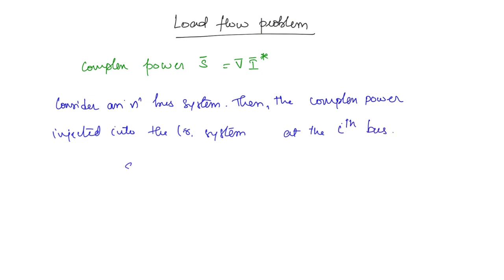Okay, so this is going to be Si bar. This is equal to Pi plus jQi. Okay, and this will be equal to Vi bar Ii bar conjugate injected. Okay, so anyways, for voltage, injected does not make any sense, it is just the voltage at the bus.